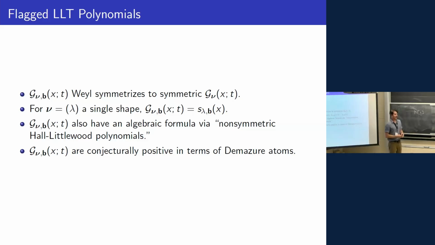Okay, so when I expand them in terms of dense atoms, the coefficients are all polynomials with non-negative integer coefficients. And why this is nice is because this means there could potentially be, hopefully, someone maybe needs to find it, a representation theoretic meaning for these things. Okay.